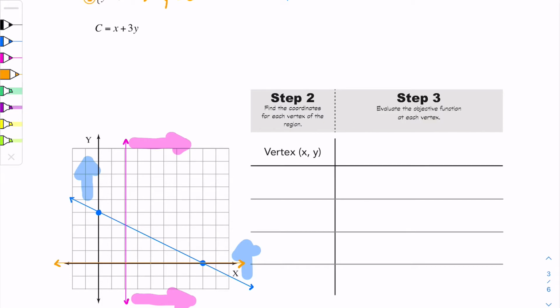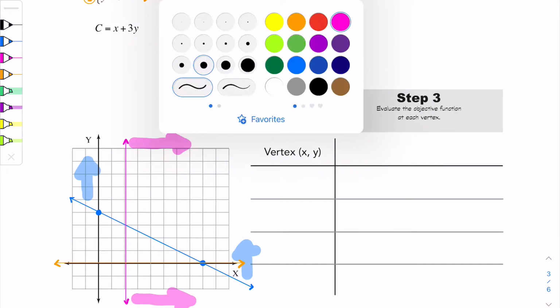If y is greater than 0, you would want all y values greater than 0, or if you test a point, you would be shading above this line.